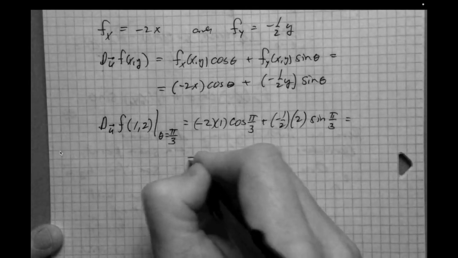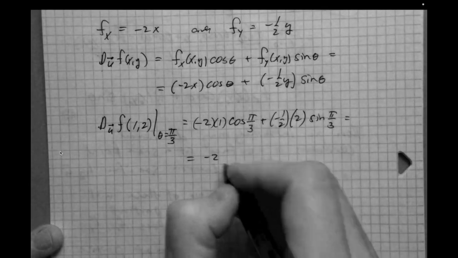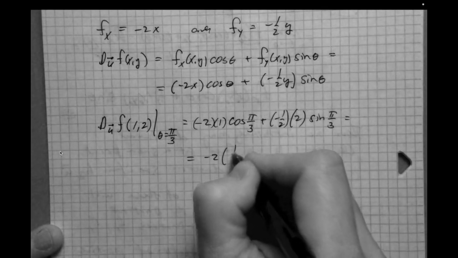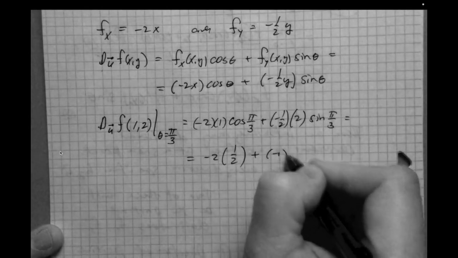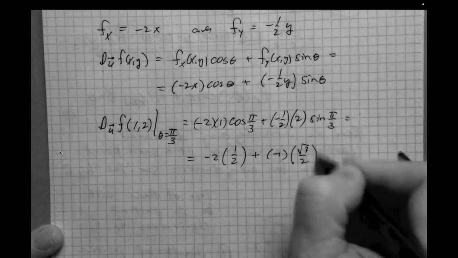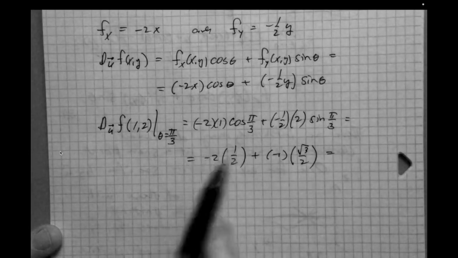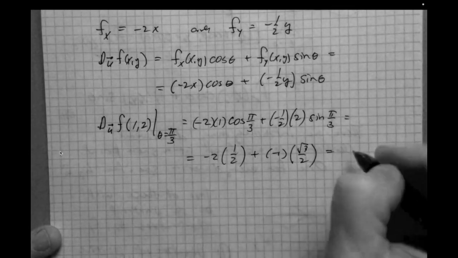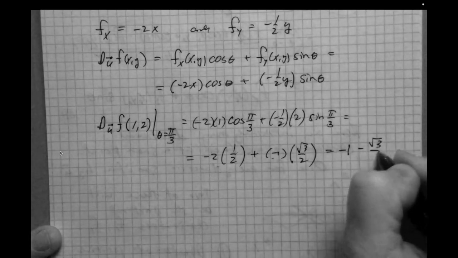Okay, and so this would be equal to negative 2, and then the cosine of pi over 3 is 1/2. And then this will be negative 1, and the sine of pi over 3 is square root of 3 over 2. And so you can combine all of this, and this is basically just negative 1 up here. And so you get negative 1 minus square root of 3 over 2.